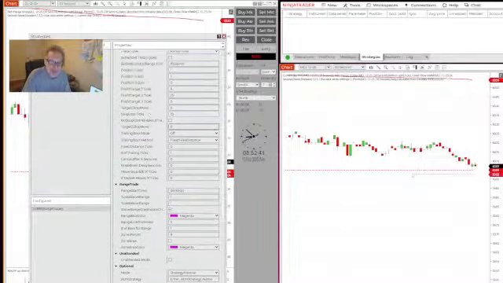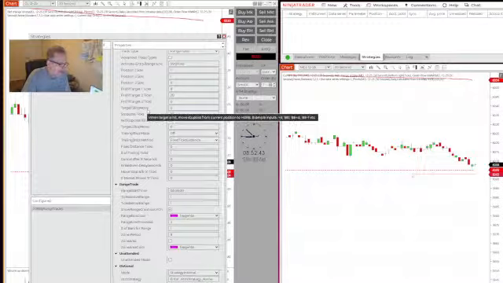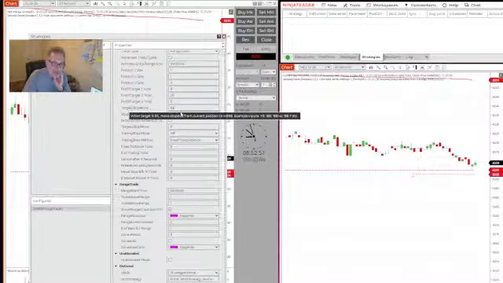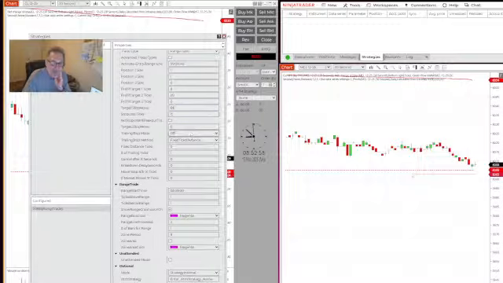Should it hit my first target, we have our target 1 stop move feature, and I'm going to type in there BE for break even. If I hit my first target, my stop is going to automatically move to break even using the target 1 stop move feature. Then I'm going to scroll down.